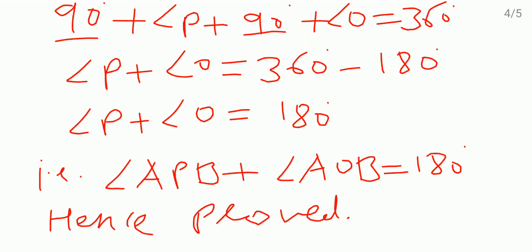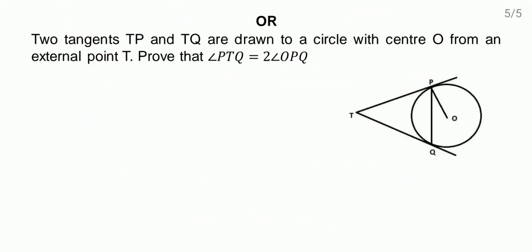Let us see the next question. The optional is given for this question, I mean the previous question. Two tangents TP and TQ are drawn to a circle with center O from an external point T. Look at the figure here.